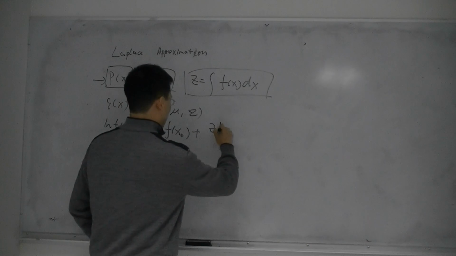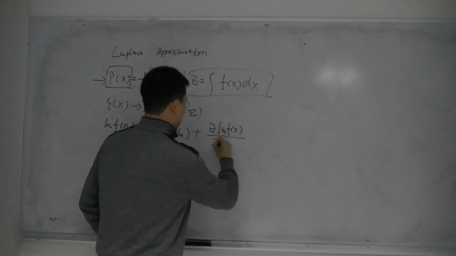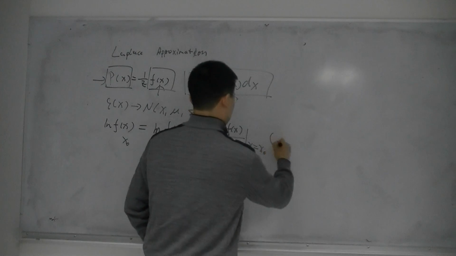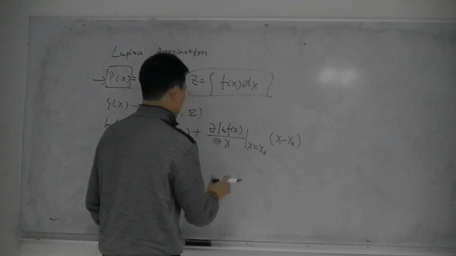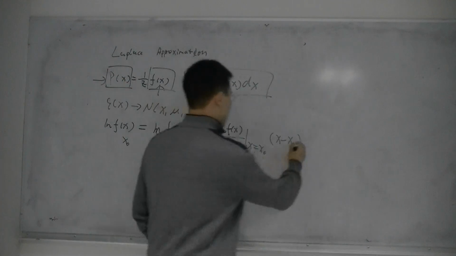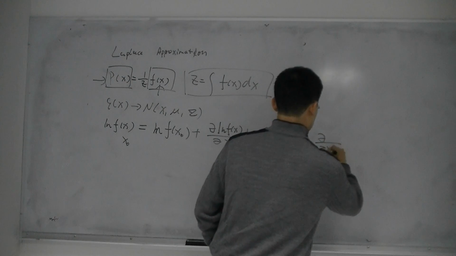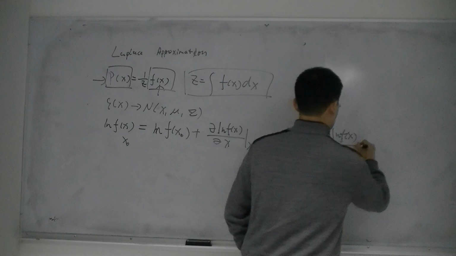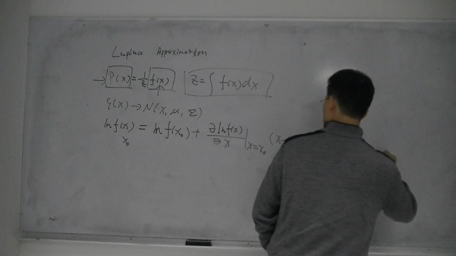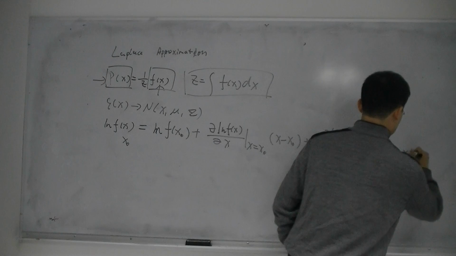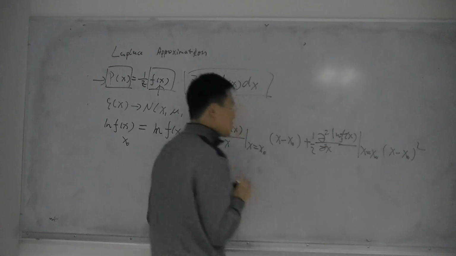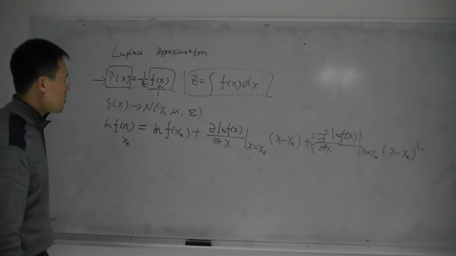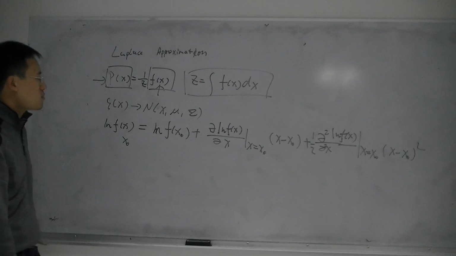So this is the first order of the Taylor expansion, and the second order is the second derivative evaluated at x equal to x0, times x minus x0 squared, and there is a 1 over 2 here. We omit the higher order terms and only keep the first 3 terms in the Taylor expansion.